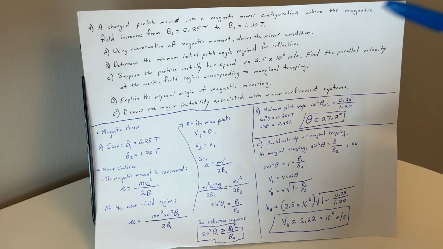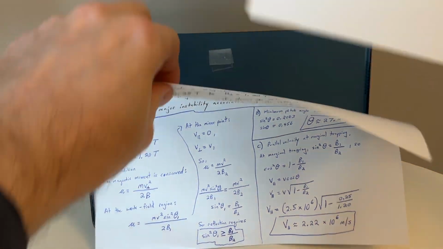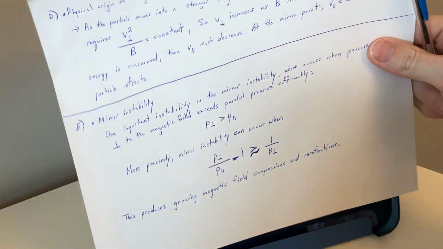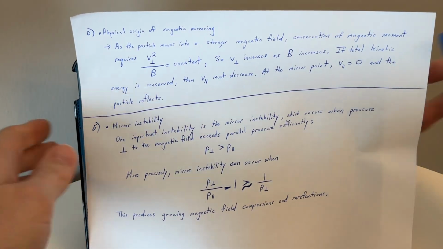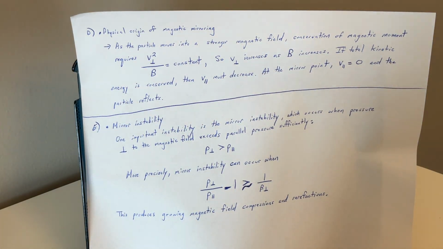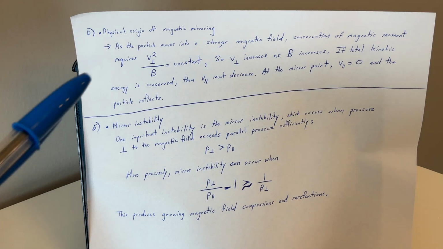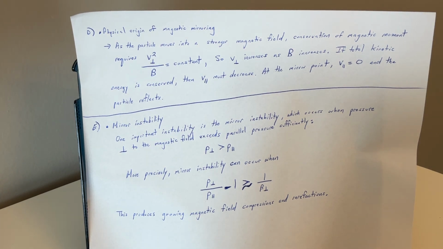Letter D, they want us to explain the physical origin of the magnetic mirroring. So, physical origin of magnetic mirroring. We could say as the particle moves into a stronger magnetic field, conservation of magnetic moment requires V sub perpendicular squared over B to be equal to a constant.